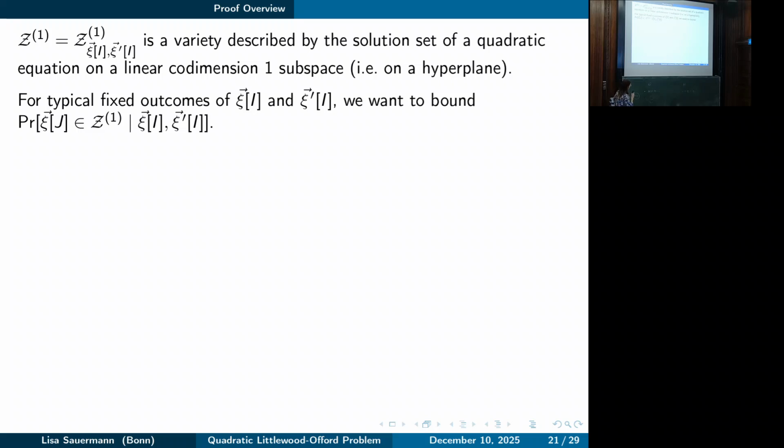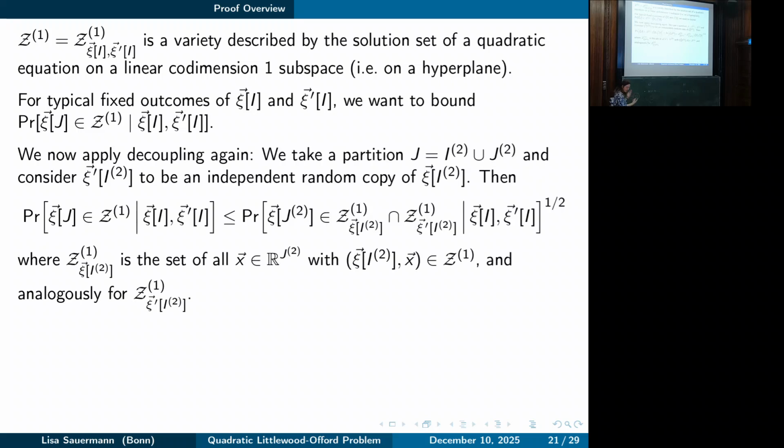And to do that, we now want to apply decoupling again. So we now need to partition J again. We partition J into a set I2 and a set J2, and we consider again an independent random copy of the I part, so xi prime I2 is an independent random copy of xi I2.